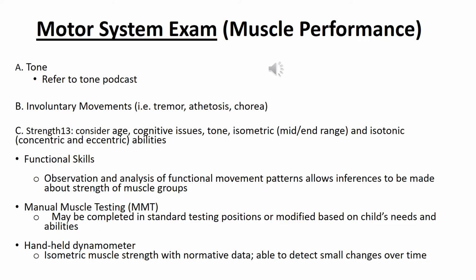In the motor system exam, there are several components such as tone, involuntary movements, strength, power, and so on and so forth. Any aspects related to tone, I'm going to refer you back to that specific narrated PowerPoint and video supplement. All of the detail is in there and in this portion of your lab manual. So we won't go back through and summarize that here.